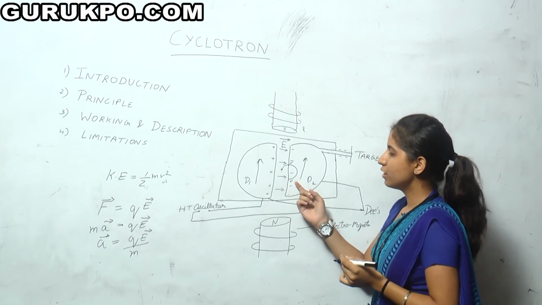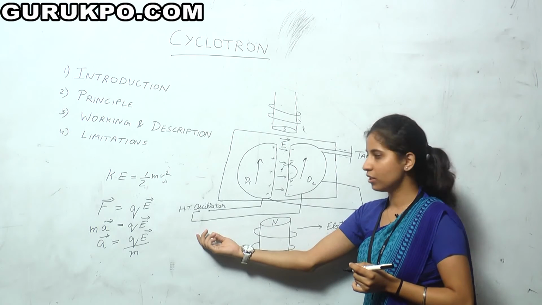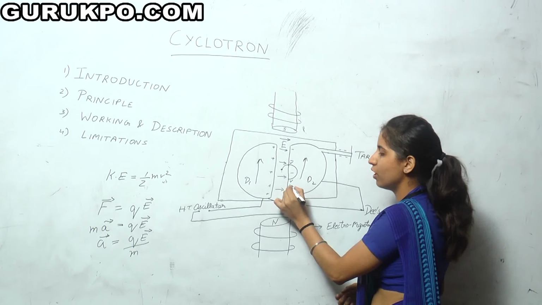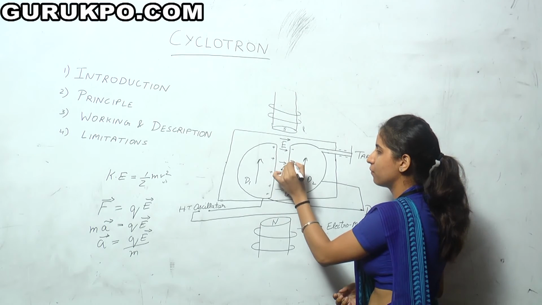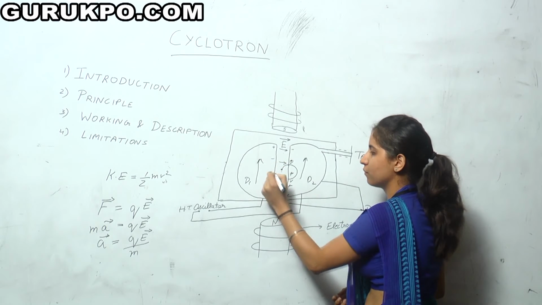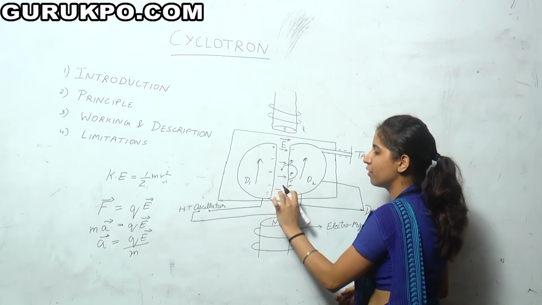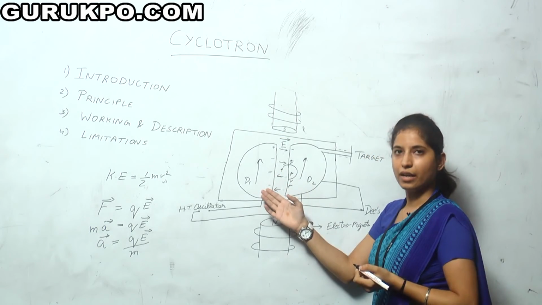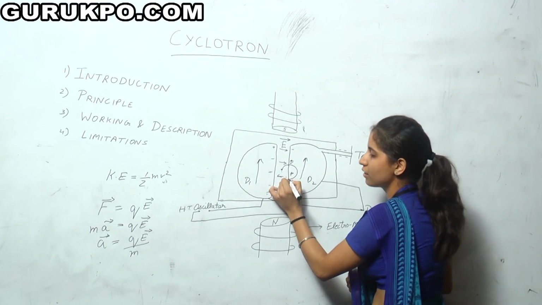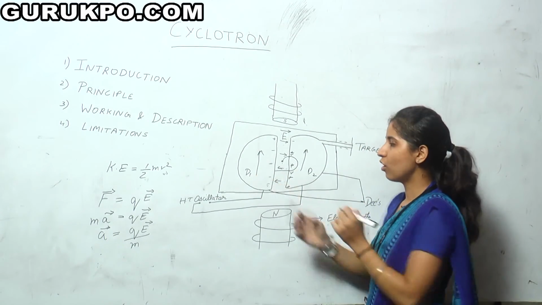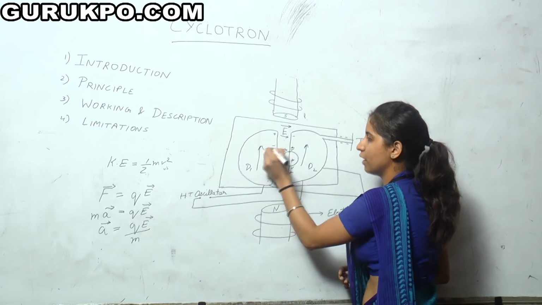Again, at this point the polarity changes. These points will become positive, and these points will become negative. So now the electric field will accelerate the particle in this direction, positive to negative. Again the particle accelerates in this region, and in the magnetic region it will turn around like this.